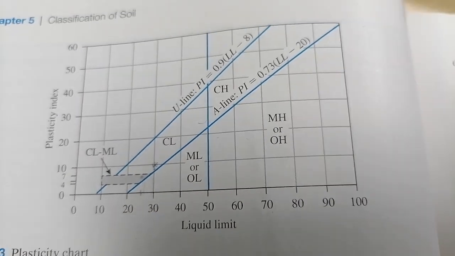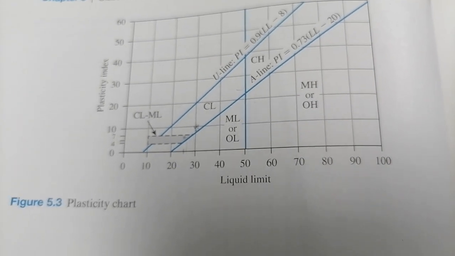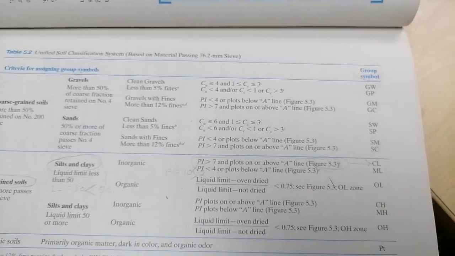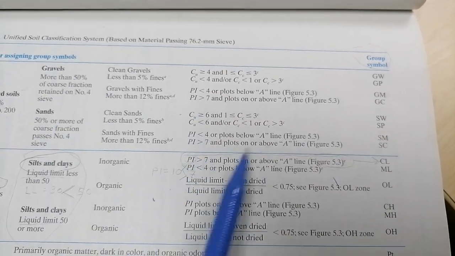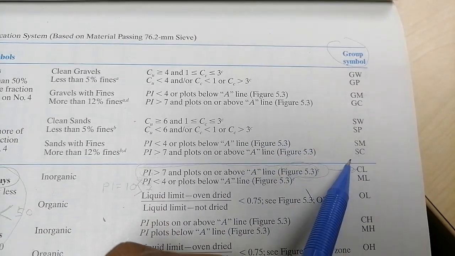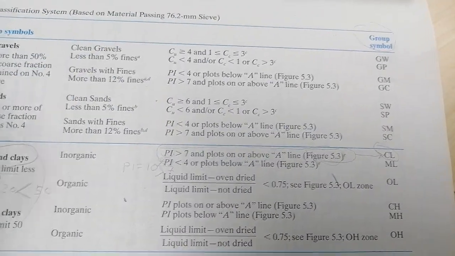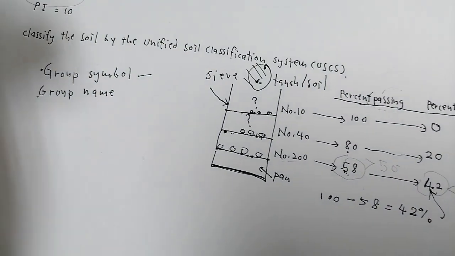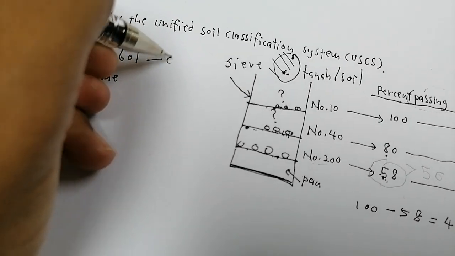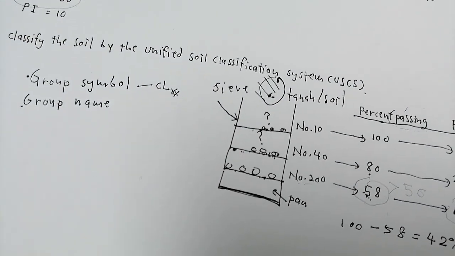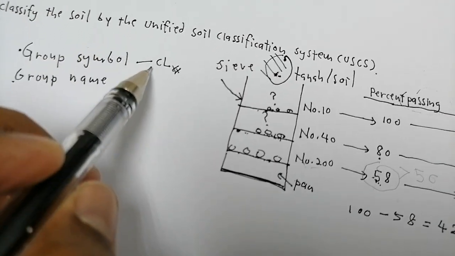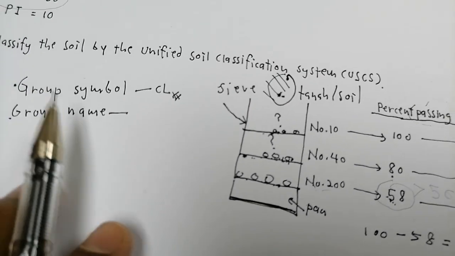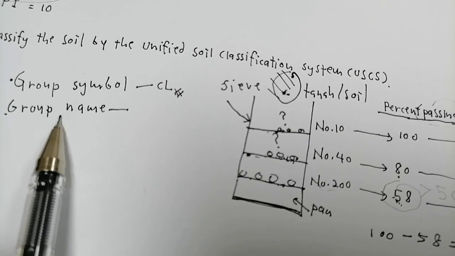So kita dah double check lah dengan figure 5.3. Right, so if we go back to our table 5.2, and then the group symbol is CL. So here on your piece of paper, you write your group symbol is CL. So that's the answer. And so it's not over yet, because you have to also give the group name. So how to get this group name?